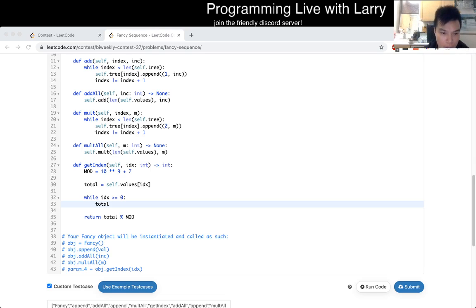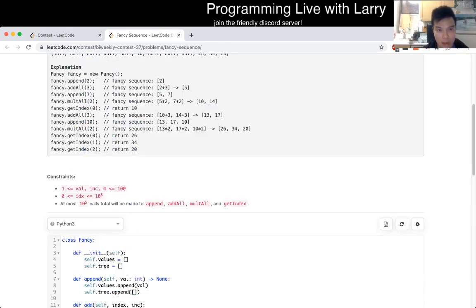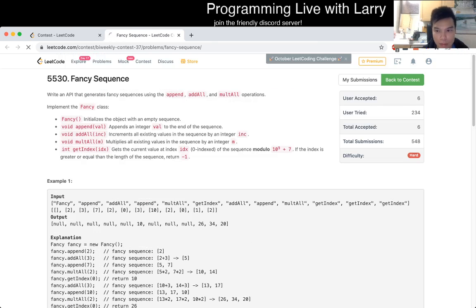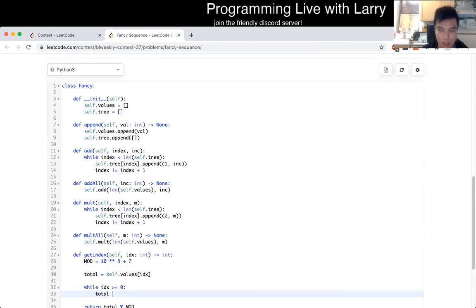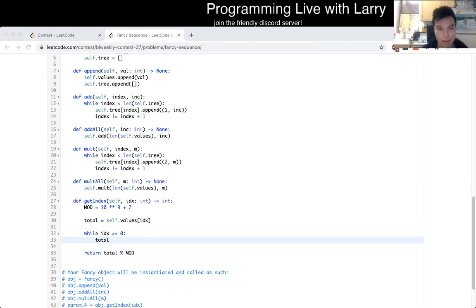Also, that would be too slow. This is n squared. If I do it live, okay. How do I do it then?